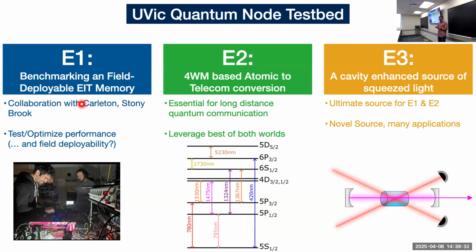One of them is a field deployable quantum memory. We're looking at a way of converting light from the wavelength that is resonant to that memory to wavelengths that are conducive to long distance communication. And we're making a new source of squeezed light.